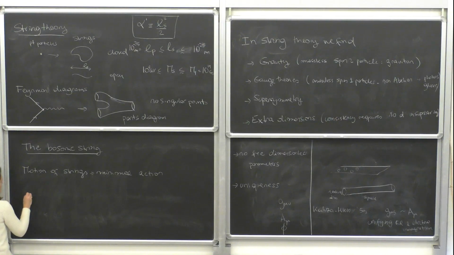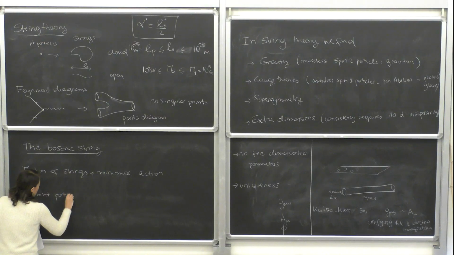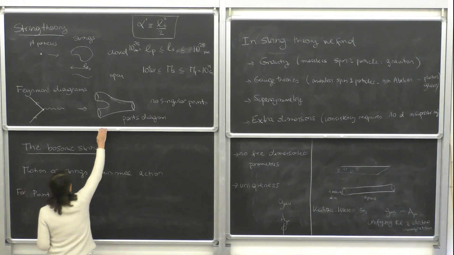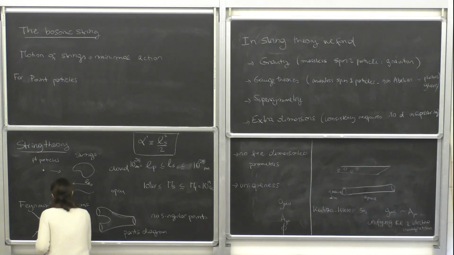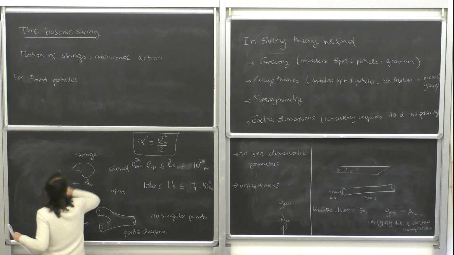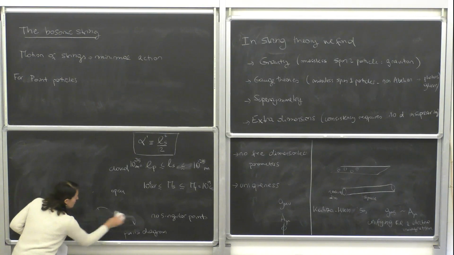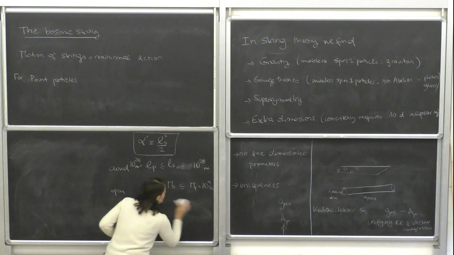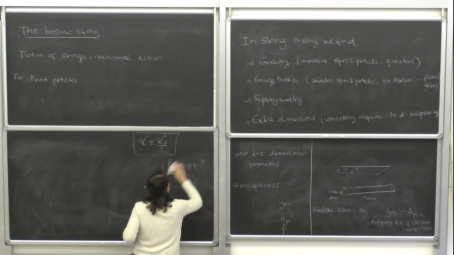So, back to point particles. Let me draw here. A point particle, when it moves, draws what's called a worldline. So it draws or it sweeps. Let me draw it.